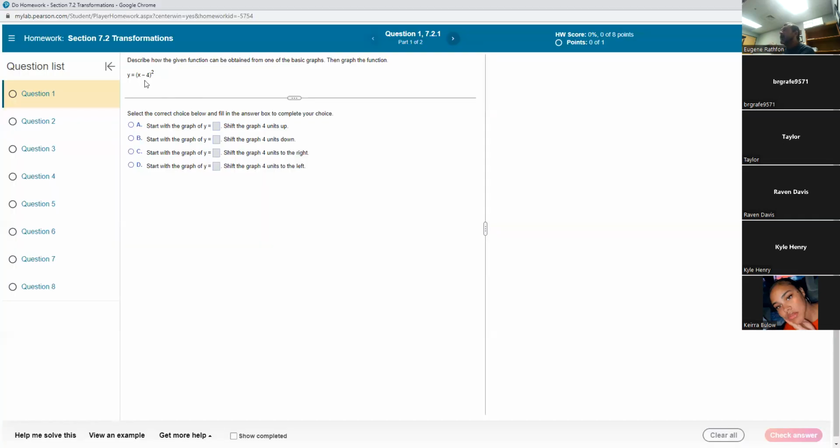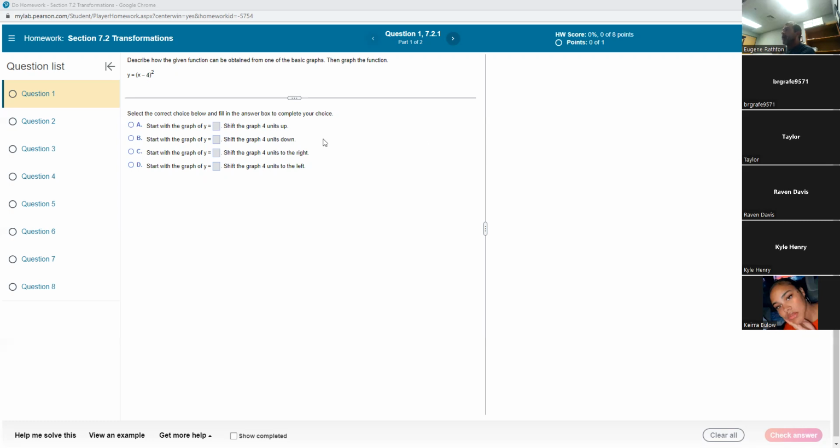So the first thing I'm looking at on this problem, y'all, is I see an exponent of 2. Since that's an exponent of 2, this would be the y equals x squared graph. Now, what we got to do is figure out what they're doing to my graph when they subtract 4 from the x inside the parentheses. Oh, that's pretty quick.